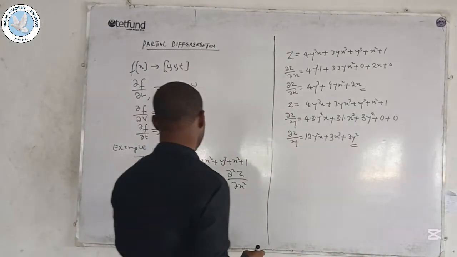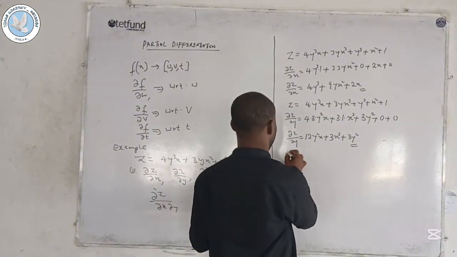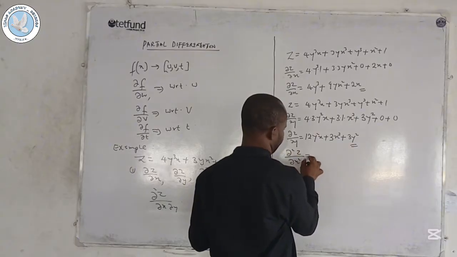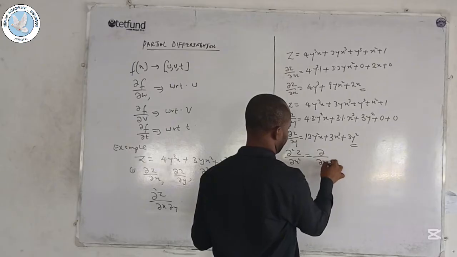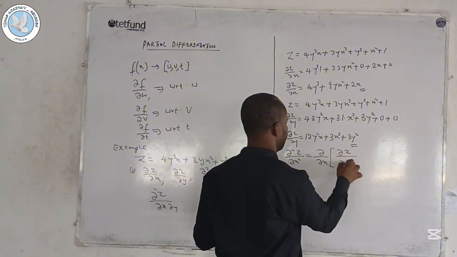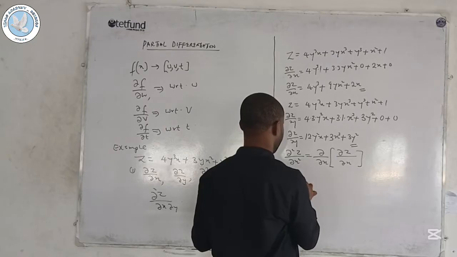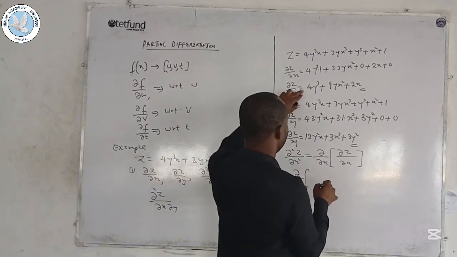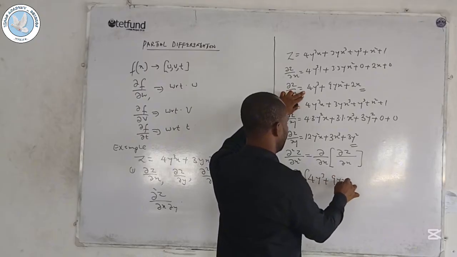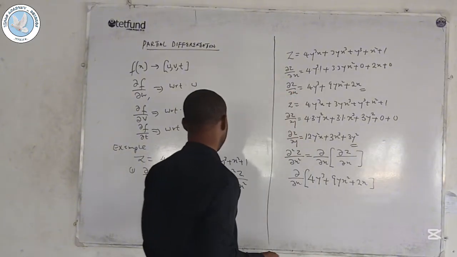So in order to carry out the second derivative with respect to x, we're having that this, the second derivative, is same thing as differentiating the initial solution with respect to x. So at this point we have this is the solution that we got. So we are actually going to further differentiate it with respect to x.